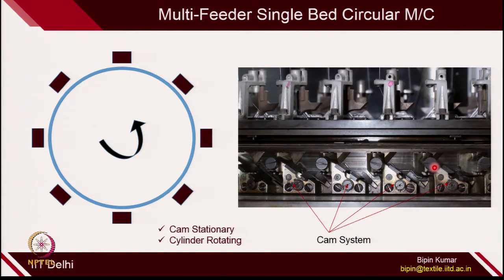So, the needle is moving. I have shown you these videos in the previous lectures, you can follow them up. Here, because of the arrangement of multiple feeders on a circular machine, the course generated by each needle will take a spiral path.